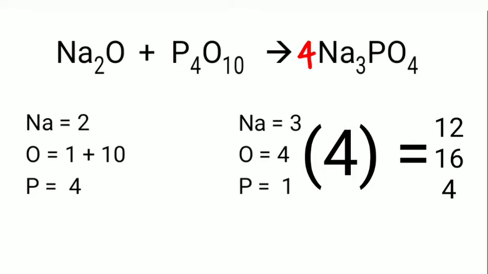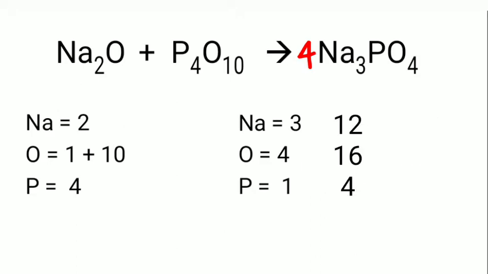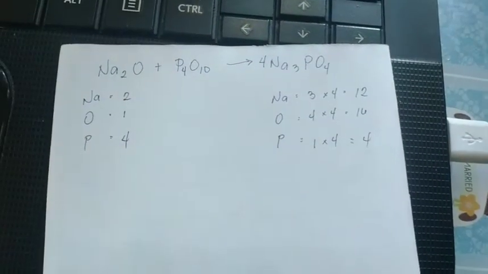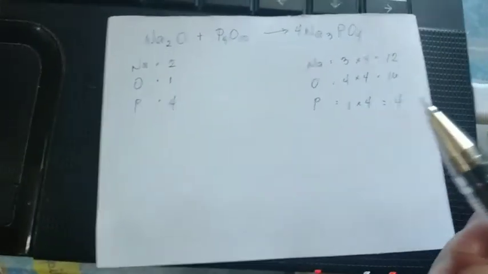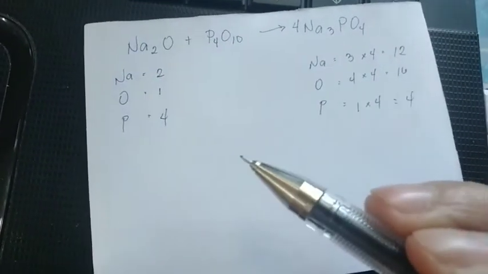And then 4 times yung 4 na oxygen, that will become 16. So, medyo balance na yung phosphorus natin.